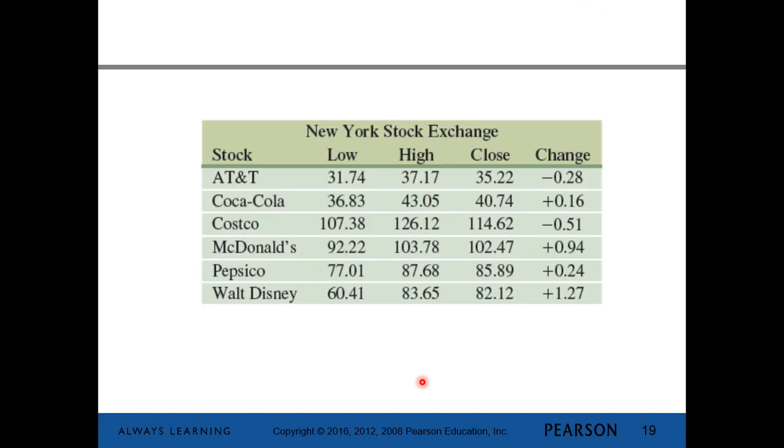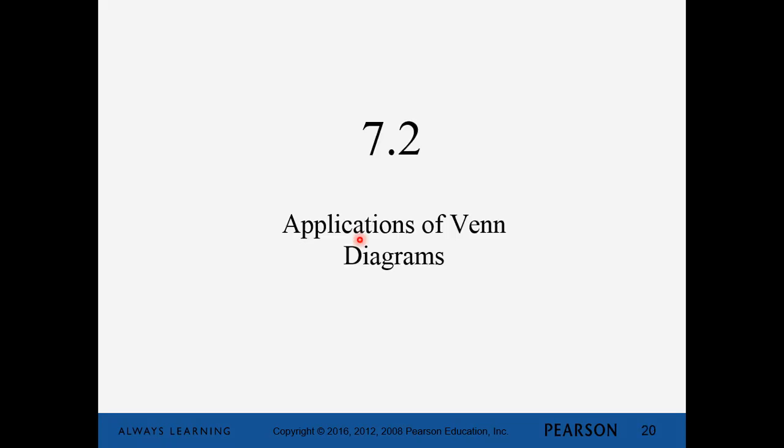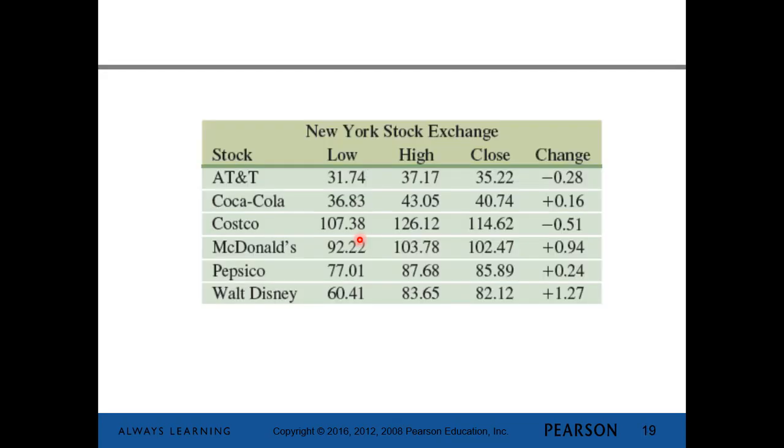Okay, now let's look at this example. So here we have the New York Stock Exchange, and we've got the typical high, low, close, and change for the day for all these different companies that are on the New York Stock Exchange. Let's see how many different combinations of stocks we could have.